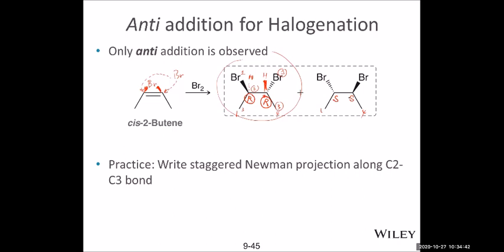You notice this is the S and S molecule, both chiral centers S. So we get one pair of compounds, RR and SS. We do not have the RS compound. There's no RS compound.